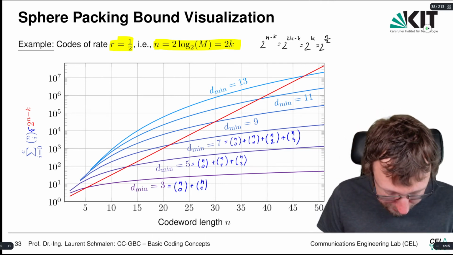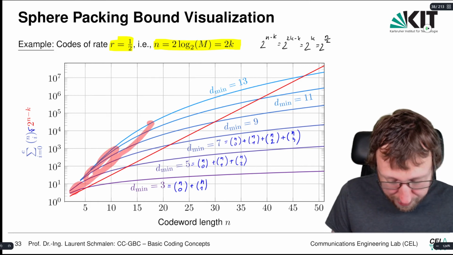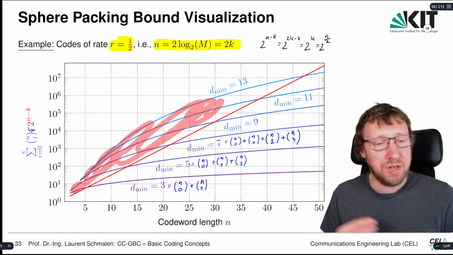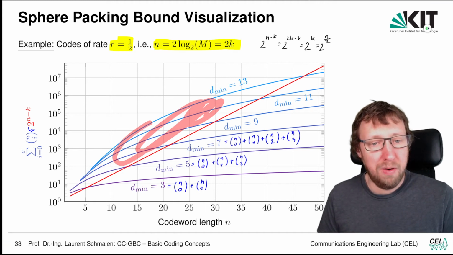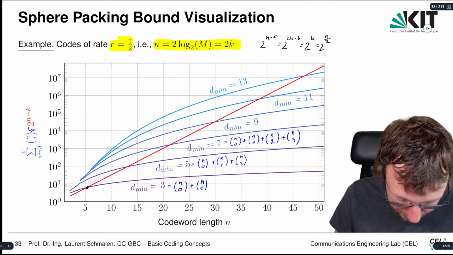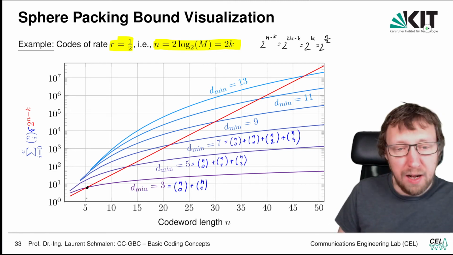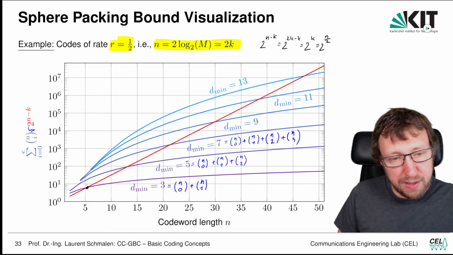So obviously, this is not the case here in the beginning. There, the expressions are larger than 2 power n minus k. So for d min equals 3, we need to be here. So we need to have an n that is at least larger than 5 point something, or 6.